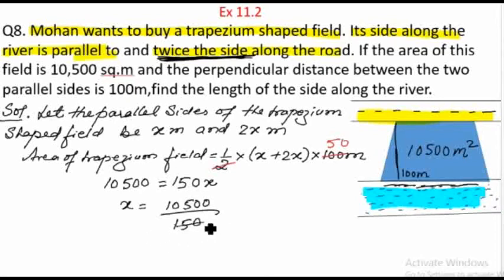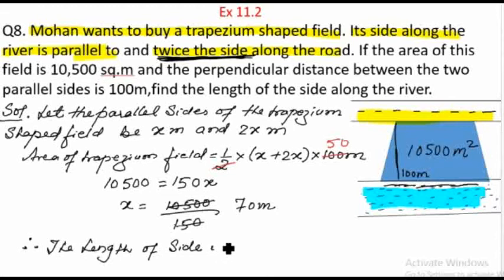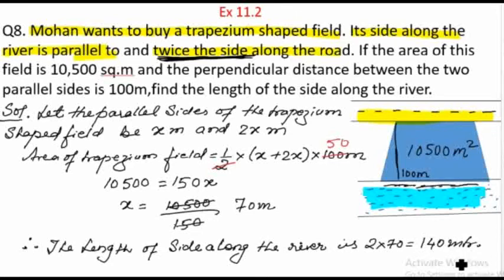We can cancel it and we get 70 meter. Therefore the length of the side along the river is 2 into 70, equal to 140 meter.